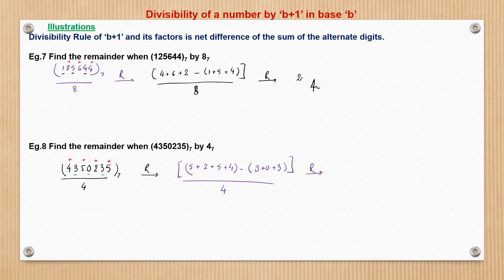So 5 plus 2 is 7, 12, 16, and 3 plus 3 is 6, no? So 16 minus 6 is 10. It becomes 10 by 4, right? So here remainder would be 2, right? Again remainder is 2 here.